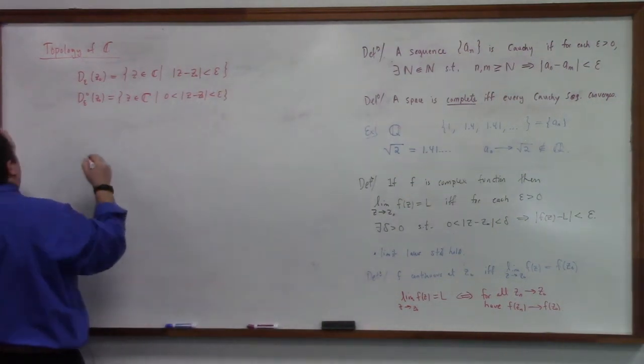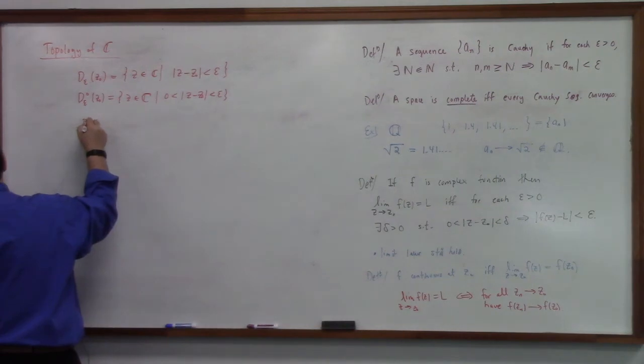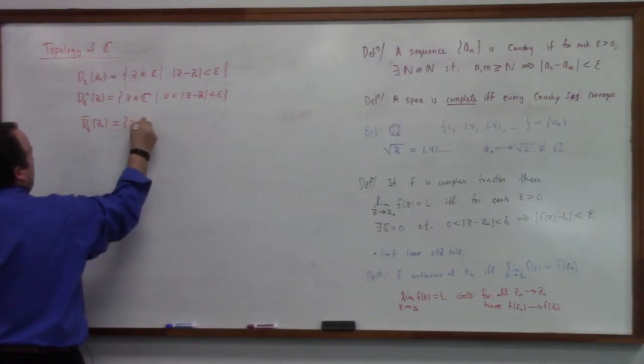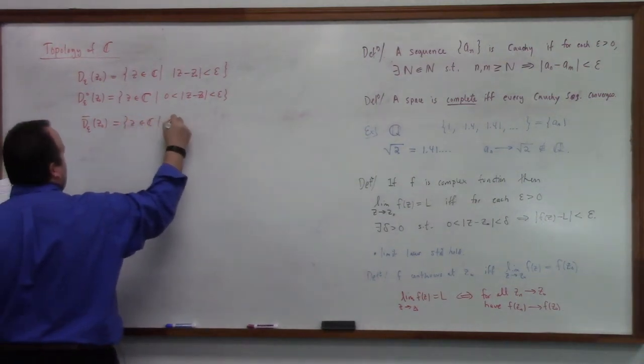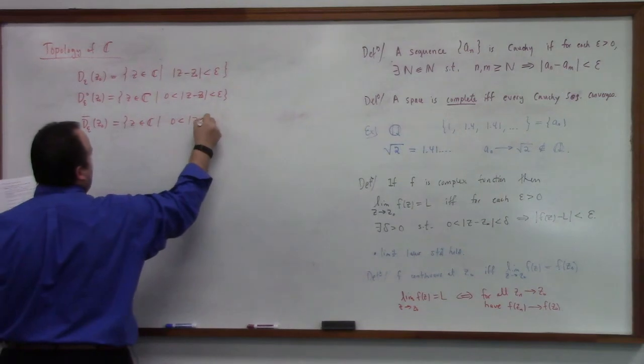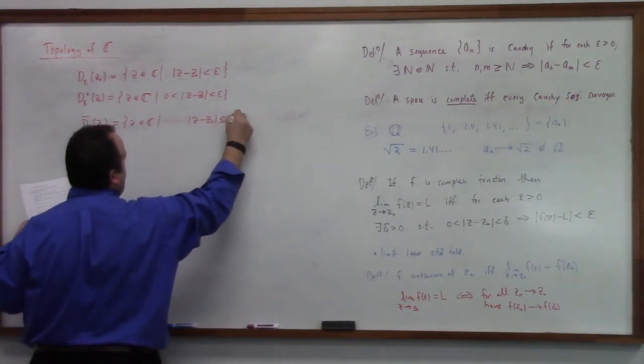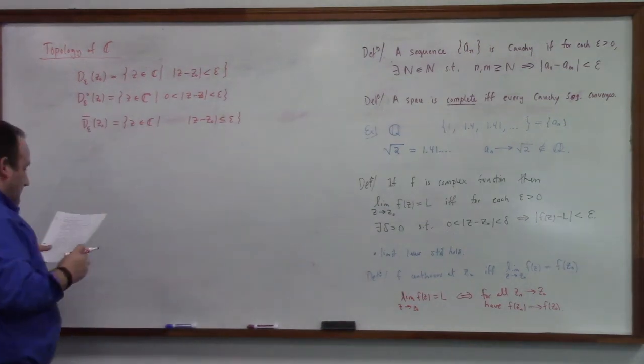And then I also have D sub epsilon with a bar over it of z naught to be z in the complex numbers such that modulus of z minus z naught is less than or equal to epsilon.